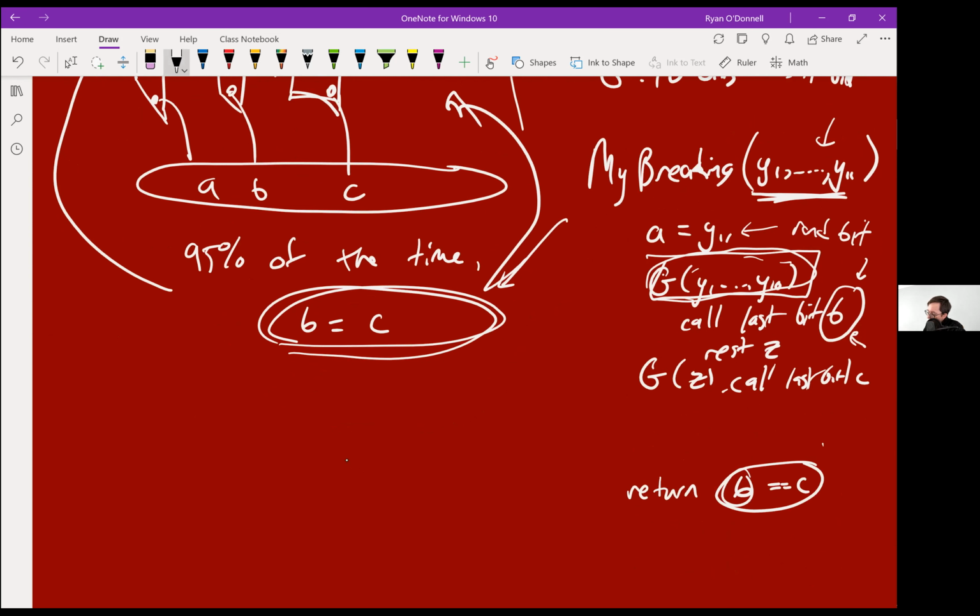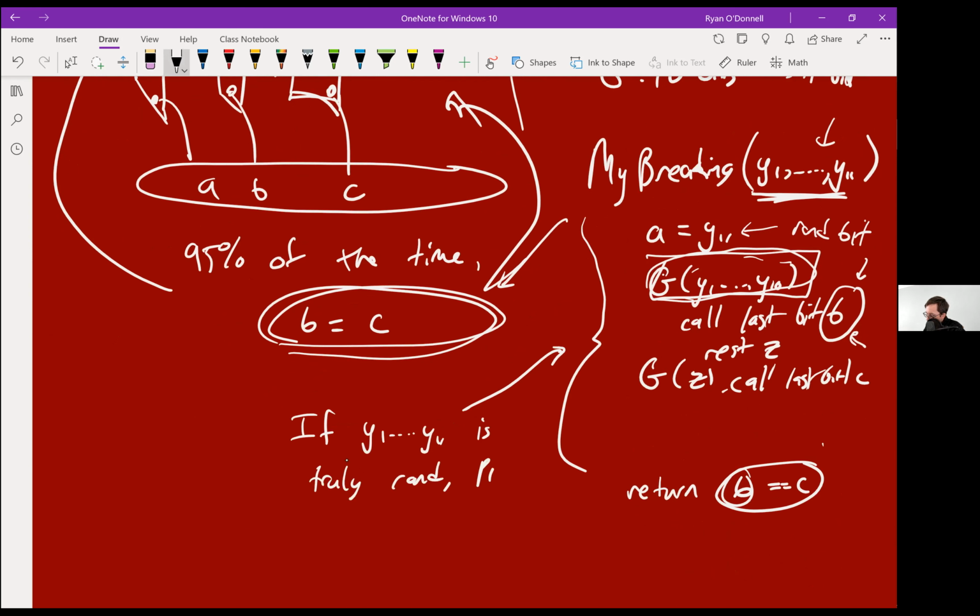So the point is, before we were relying on the fact that if y1 through y11 is truly random, the probability that my break returns 1 was a half. But that's no longer so obvious.